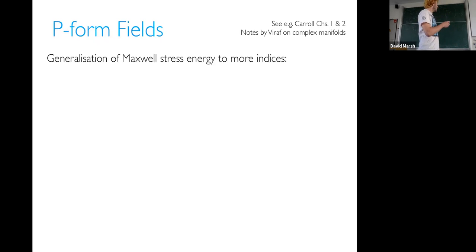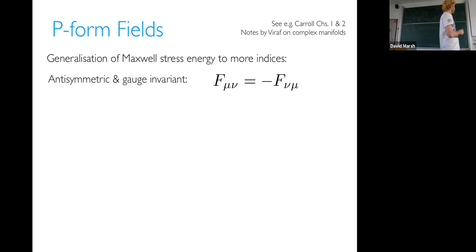So p-form fields are a generalization of the Maxwell field strength to things with more indices. They're anti-symmetric and gauge invariant. So F mu nu, for example, is a two-form, anti-symmetric: F mu nu is minus F nu mu. That's just from its definition in terms of the derivatives of the vector potential.